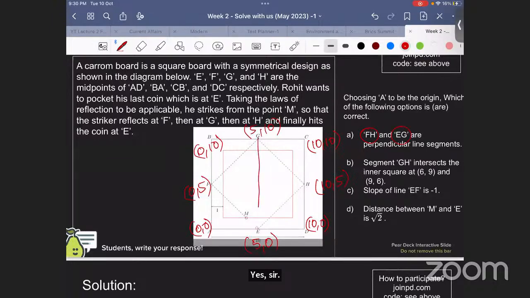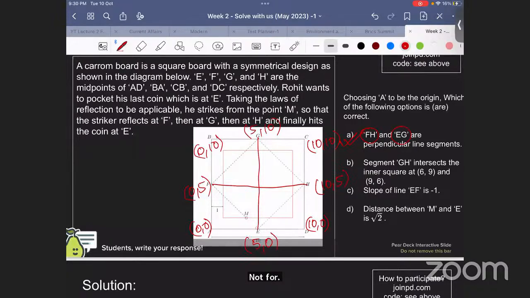Whether this is perpendicular to each other or not. Is it perpendicular to each other? They are all perpendicular, right? Yeah, this is perpendicular, so the first is correct. How can you check it? 5, 5.